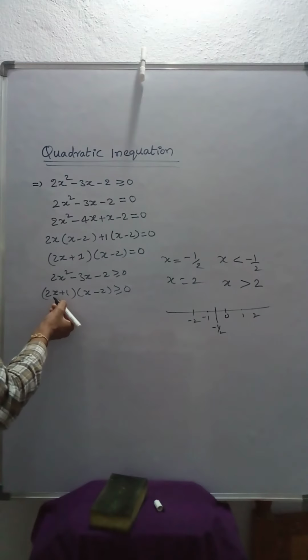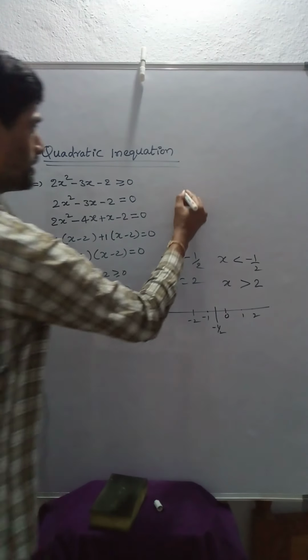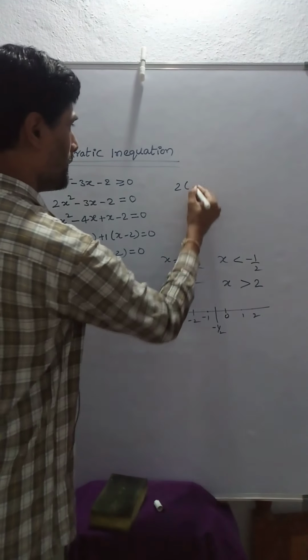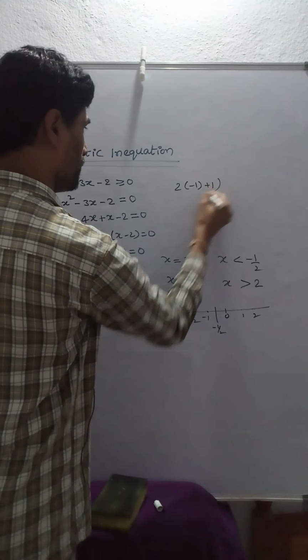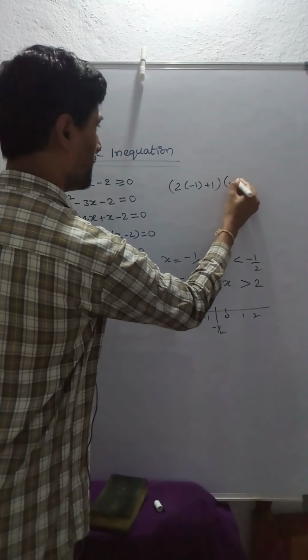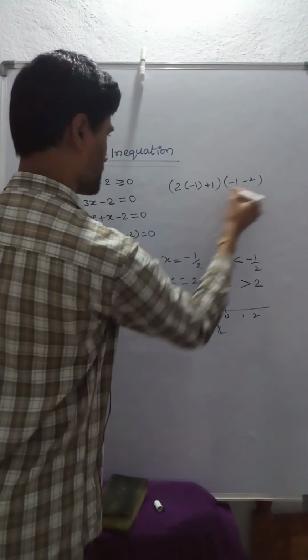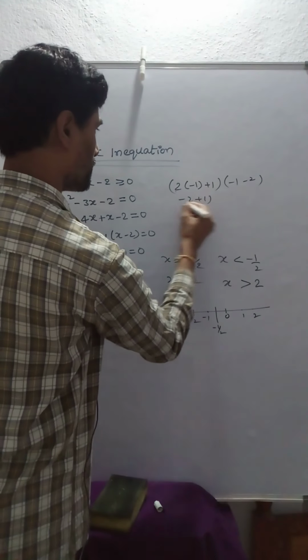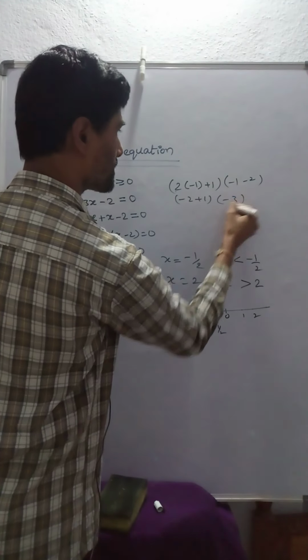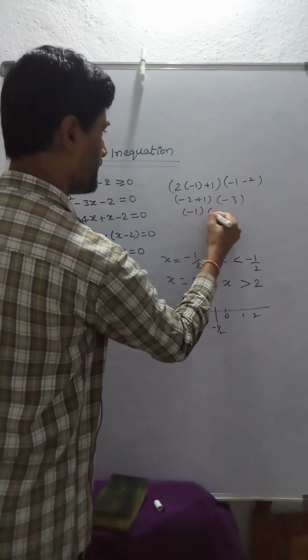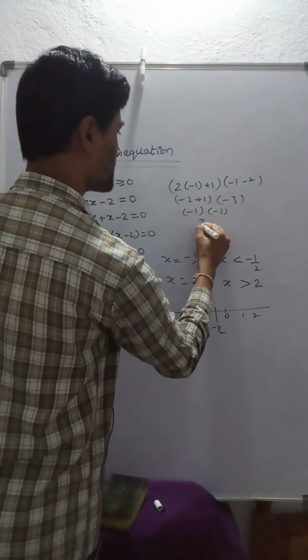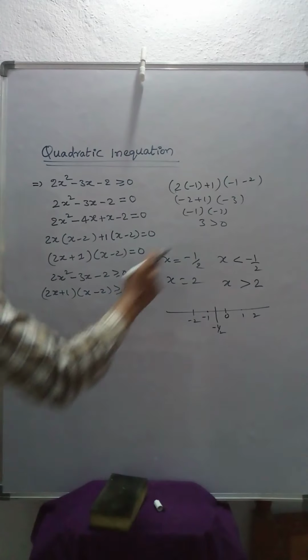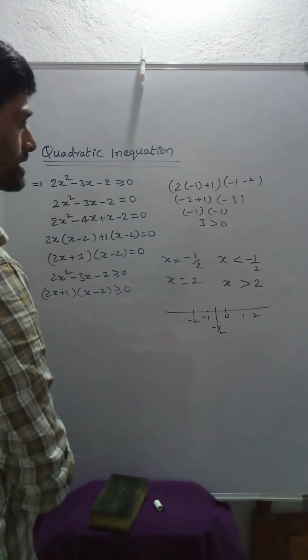Then you can go for substitution also. For example, x equals minus 1: 2 into minus 1 plus 1, into minus 1 minus 2. Minus 2 plus 1 is minus 1, and minus 1 minus 2 is minus 3. Minus 1 into minus 3 is plus 3, which is greater than 0. That is the first condition you need to understand.